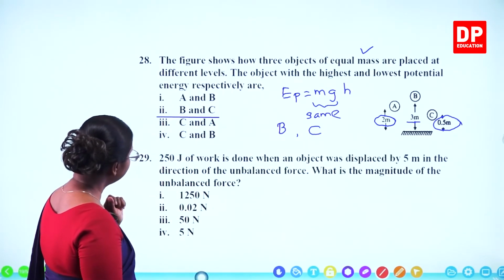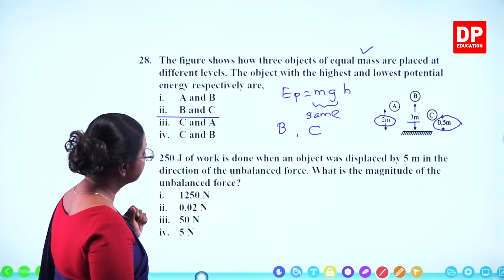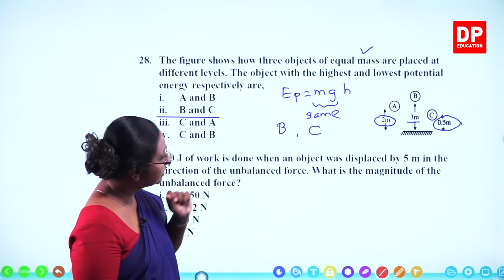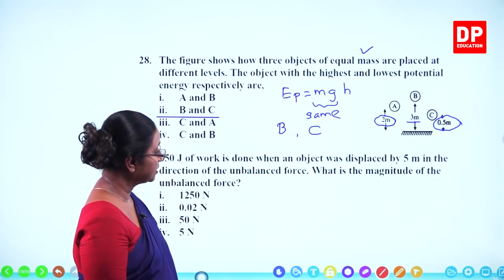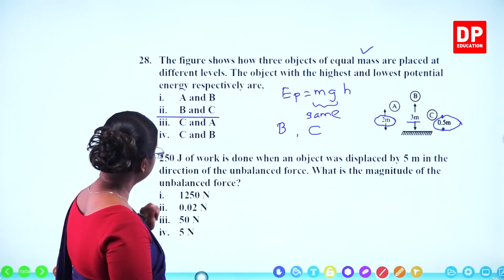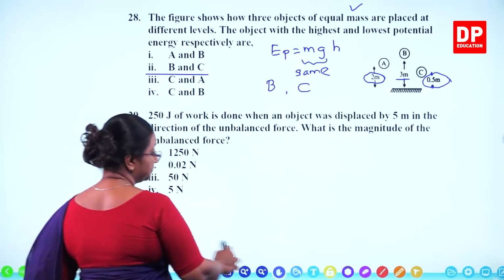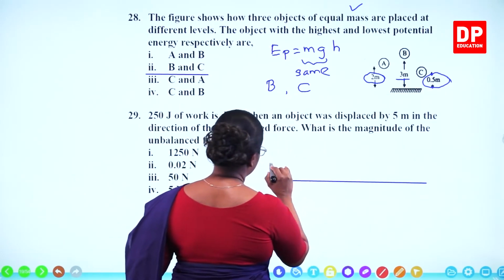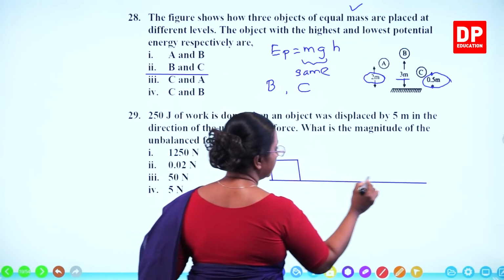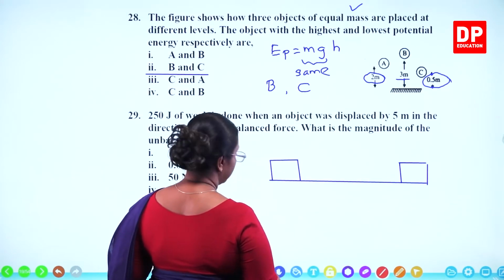Then the 29th one. 250 joules of work is done when an object was displaced by 5 meters in the direction of the unbalanced force. What is the magnitude of unbalanced force? So what happens here? We have an object. It's initially here. Then it moves to a position like that.